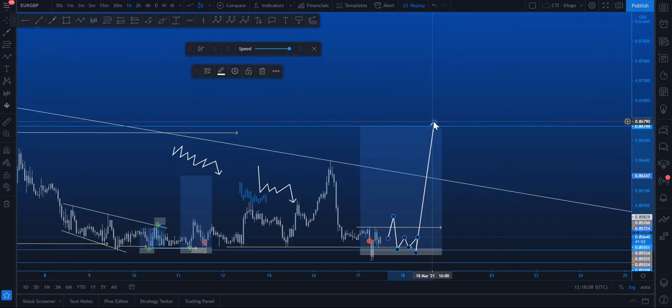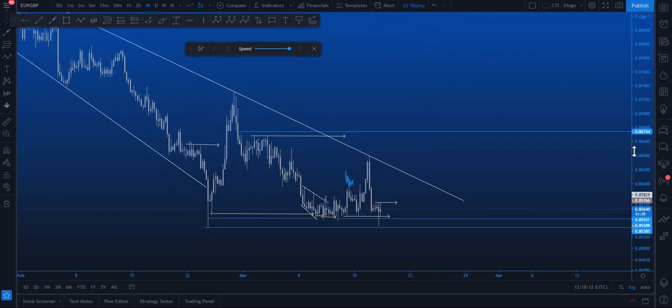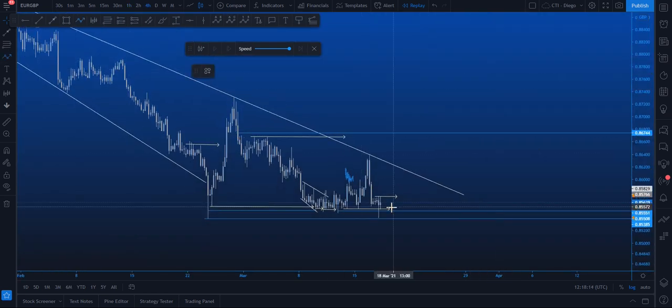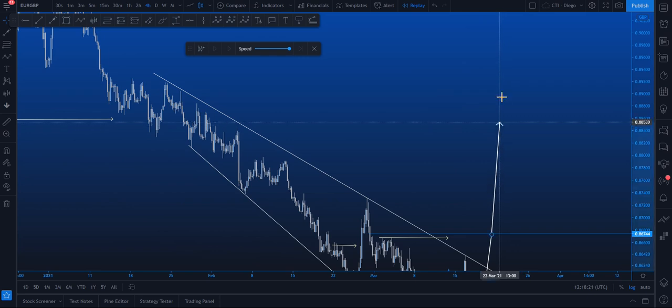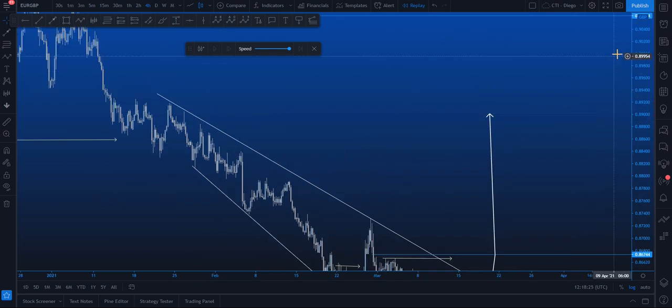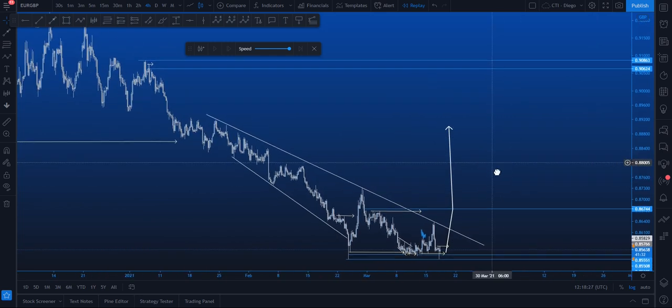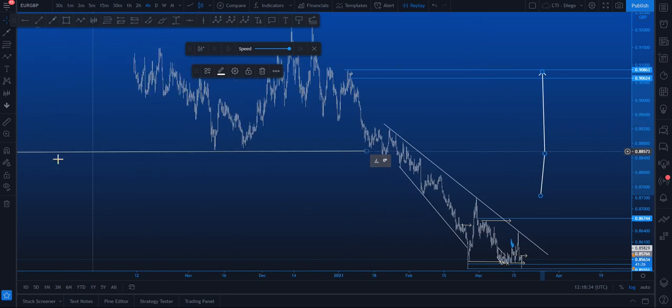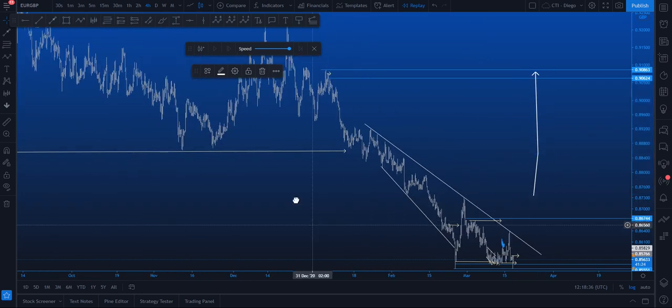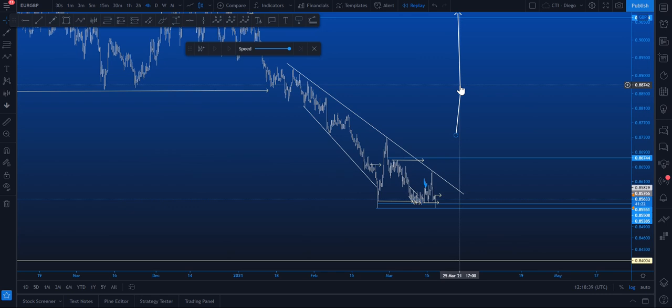Take profit 1 is up here, and take profit 2 is the start of the pattern. As you can see here, the start of the original pattern, and the main target for Euro Pound is actually the start of the main swing that took out the previous lows, equal lows. So that's the game plan for Euro Pound.